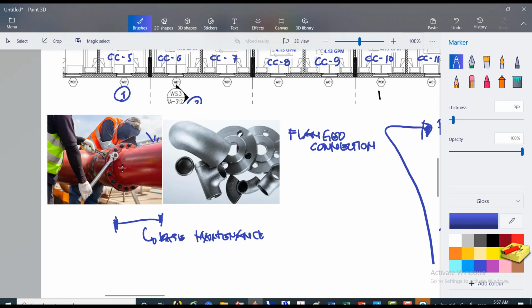Or sometimes in fire protection naman, mostly we use flange type connection sa piping, especially if the building is operational na, gawa na, then we try to avoid yung disturbance doon sa operation ng owner.